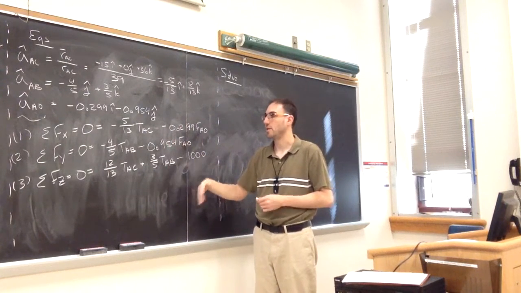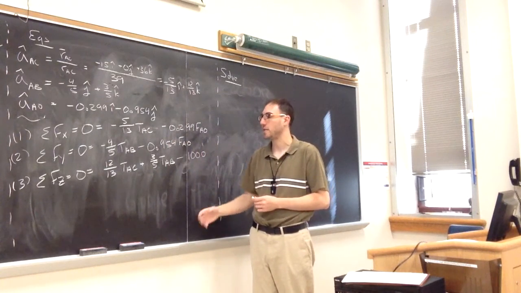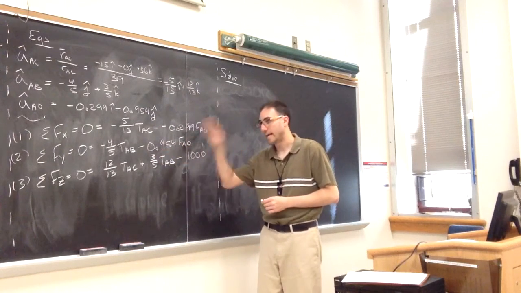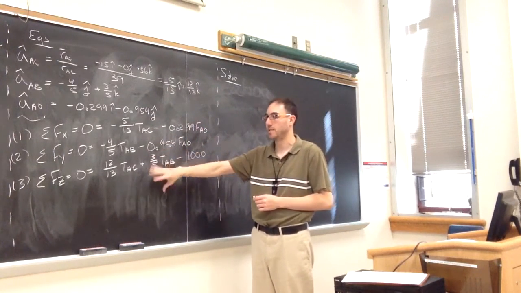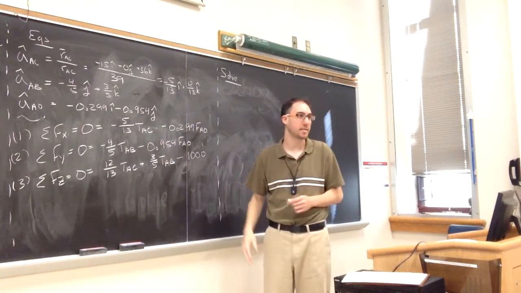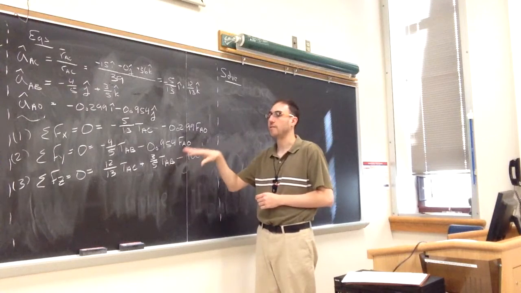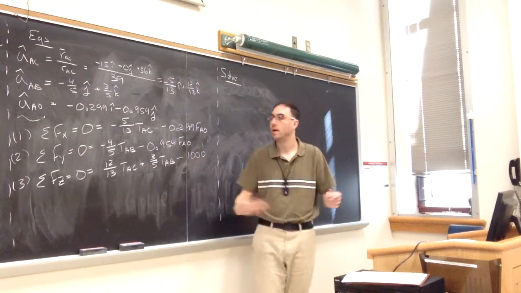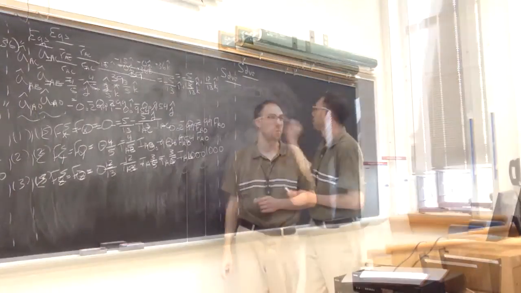There's a unique answer, or we expect there to be a unique answer for TAC, TAB, and FAO. So again, 85% of the problem is done. We know it's solvable. Solving it is the next step that we have to take. Questions on forming our solvable system of equations here? There are no springs, there are no extra equations we need here.